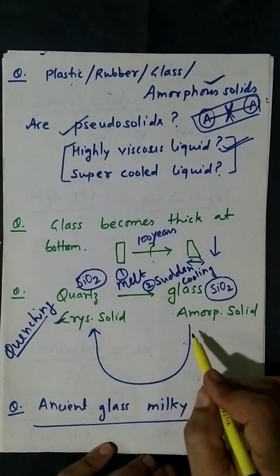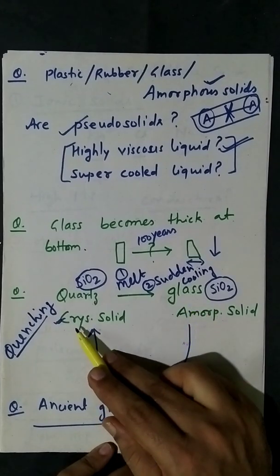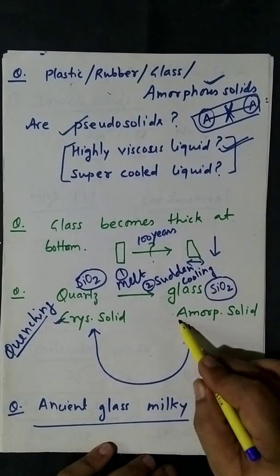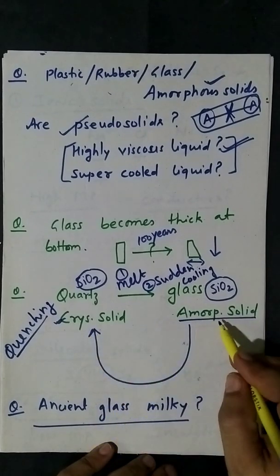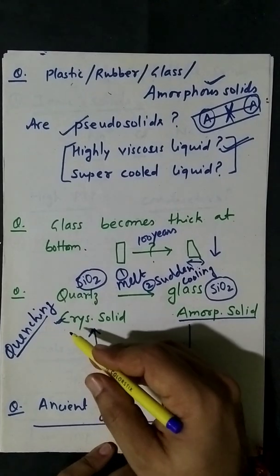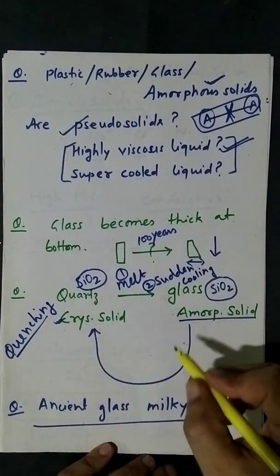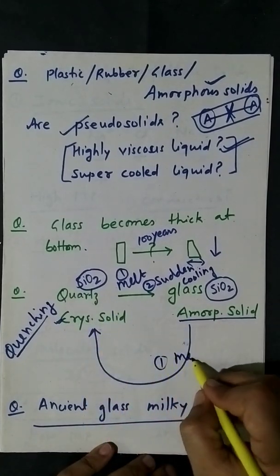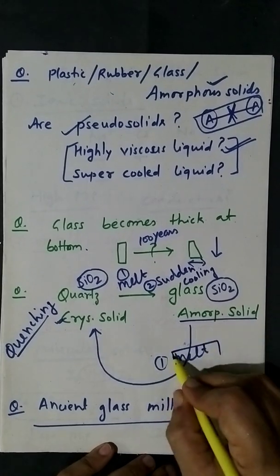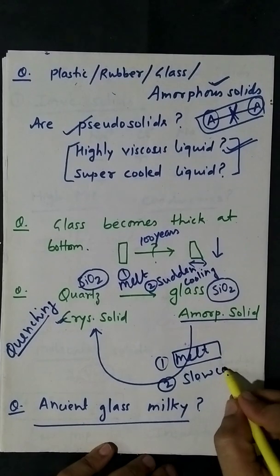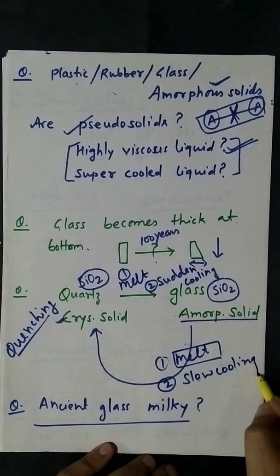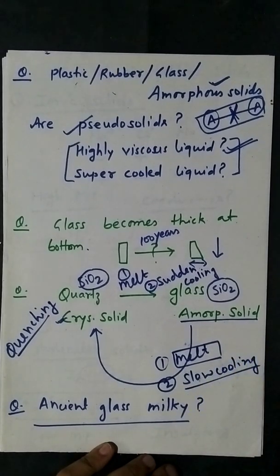Another question, how can we convert glass into quartz? It means an amorphous substance into crystalline substance. Here once again random arrangement, we need to convert into regular three-dimensional arrangement. The first process is the same, once again you need to melt it so that particles are in motion and then use slow cooling. During slow cooling, before particles freeze, they occupy their regular position.